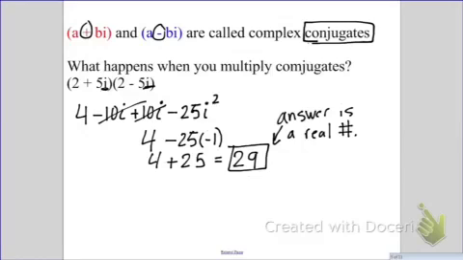In other words, it eliminates your i's. So if ever you need to get rid of your i's, you multiply by the conjugate and the i's will go away.